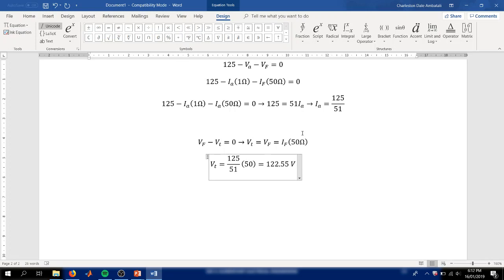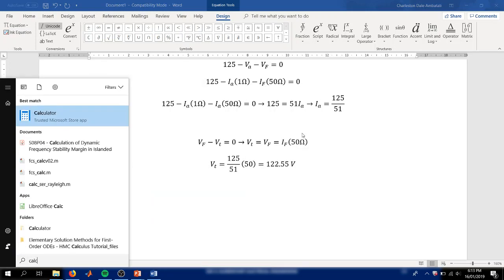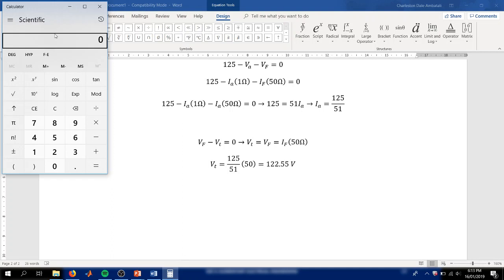So we can actually use a calculator to verify that. That's 125 times 50 divided by 51. Yes, so that's 122.55 volts.